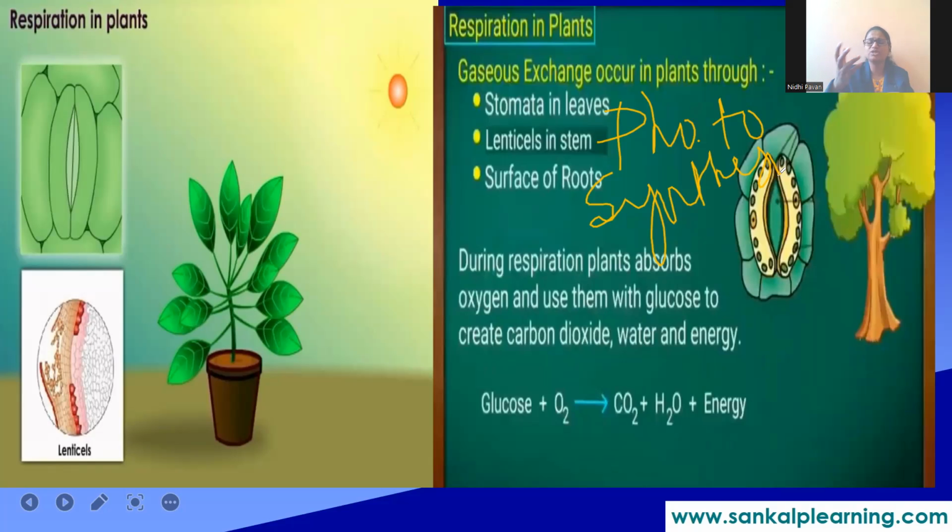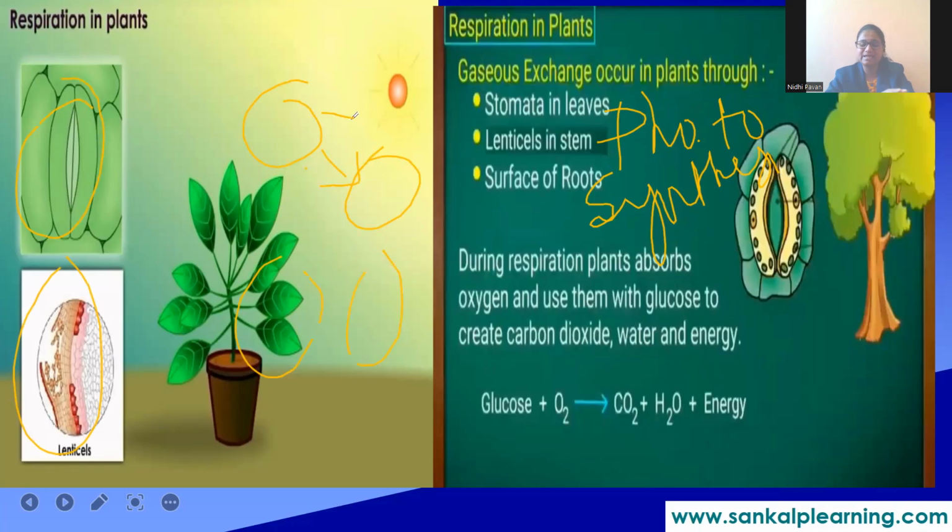So how does respiration occur in the plants? That is through stomata. We know stomata are present on the surface of leaves, and on the stems we have certain pores which are not visible to the naked eye. Those pores are called lenticels. These lenticels have cells which are far away from each other, meaning the space between these cells is more.